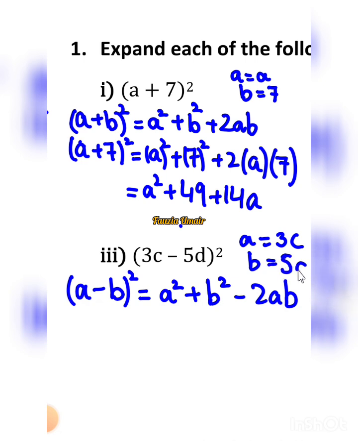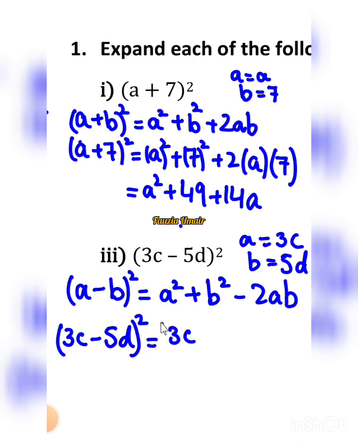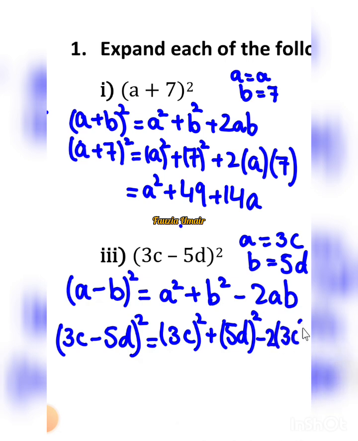So now I will just replace a with 3c. So (3c - 5d) whole square is equal to (3c) whole square plus (5d) whole square minus 2 into 3c into 5d.